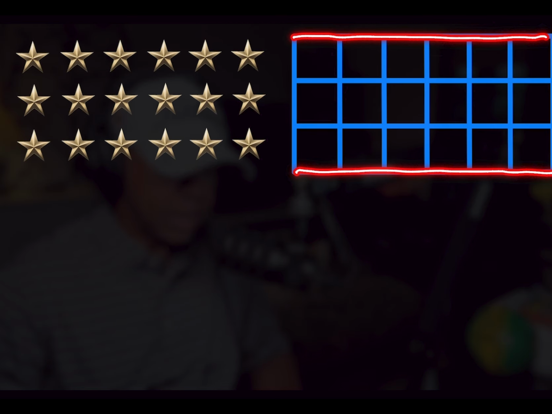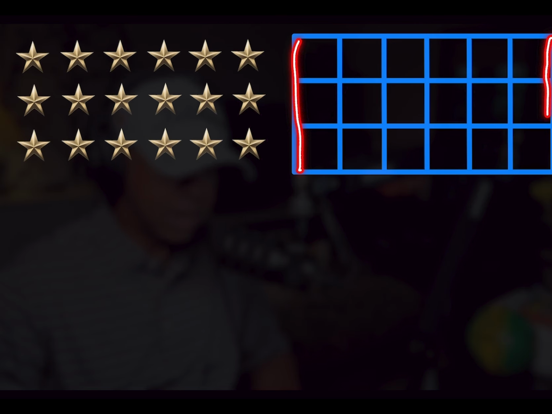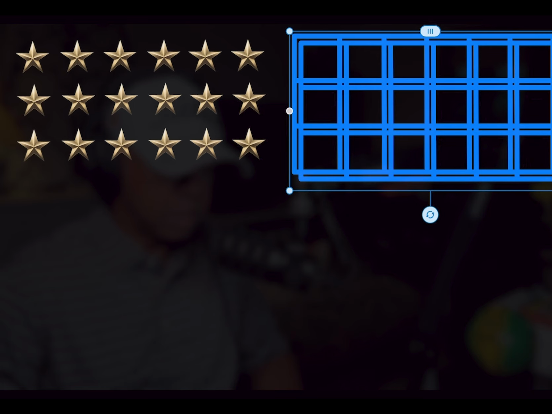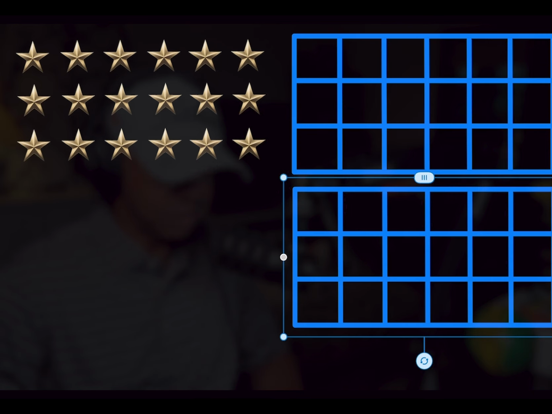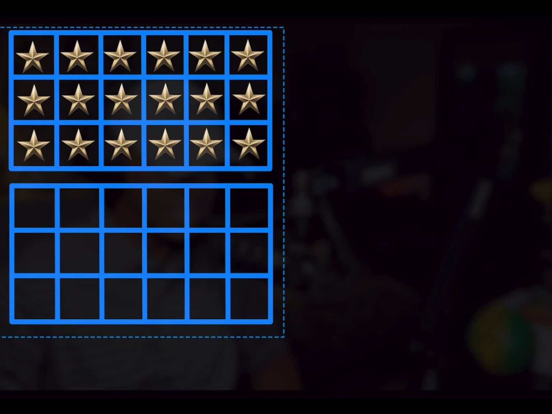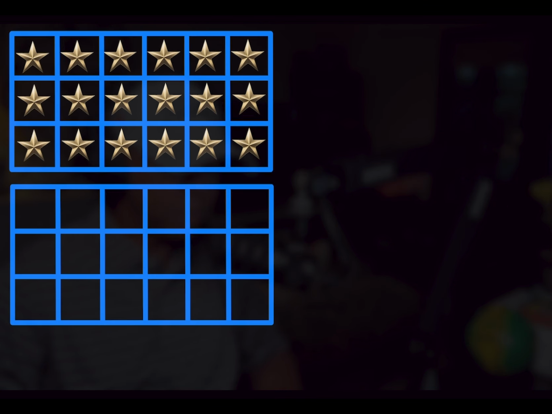So I've got my array of stars, and here I have a rectangle that has opposite sides parallel and equal. This rectangle is 3 by 6, and what I mean by that is I have 3 rows, and in each row I have 6 squares. I've duplicated the rectangle so you can see it's exactly the same, and then deleted the lines inside that make it actually have squares.